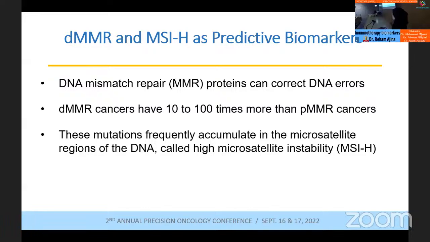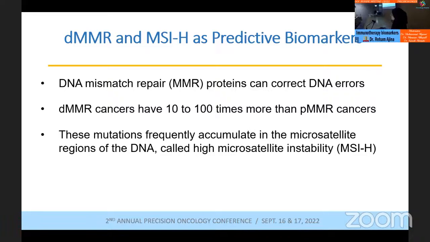If there's deficiency, so these proteins are not functioning or not there, then patients will have more DNA damage and more mutations. In fact, they found that dMMR tumors have 10 to 100 times more mutations compared to tumors with proficient mismatch repair proteins, or pMMR.